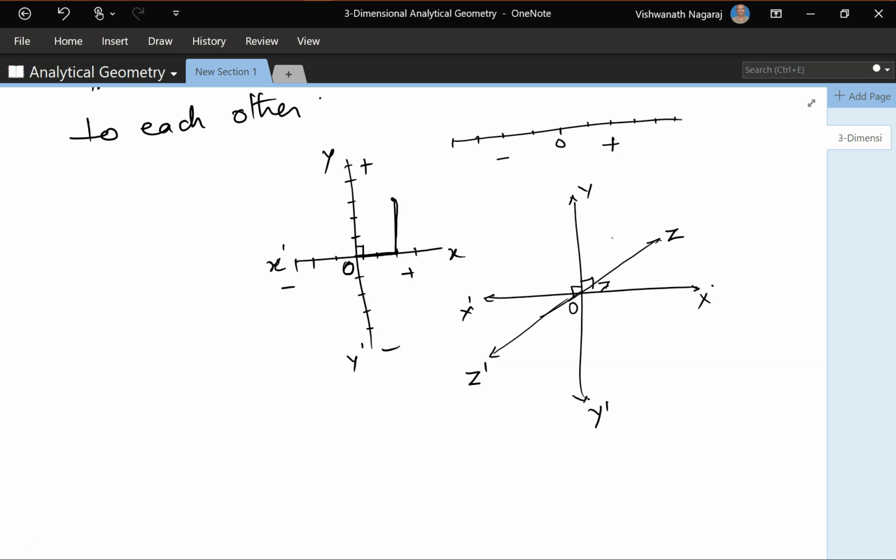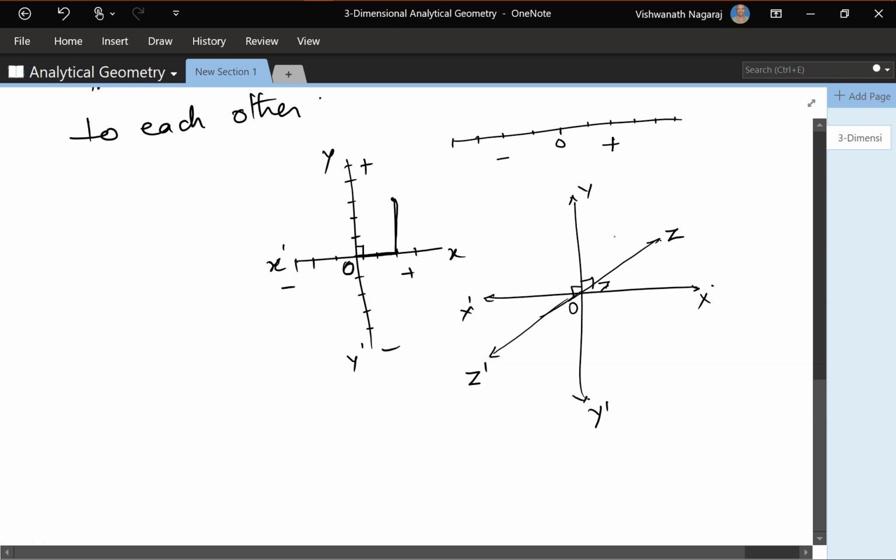Okay, and here to identify a particular location we require 3 numbers. How much distance we have to go along the x-axis, how much distance we have to travel parallel to y, and how much distance we have to travel in the direction of z.